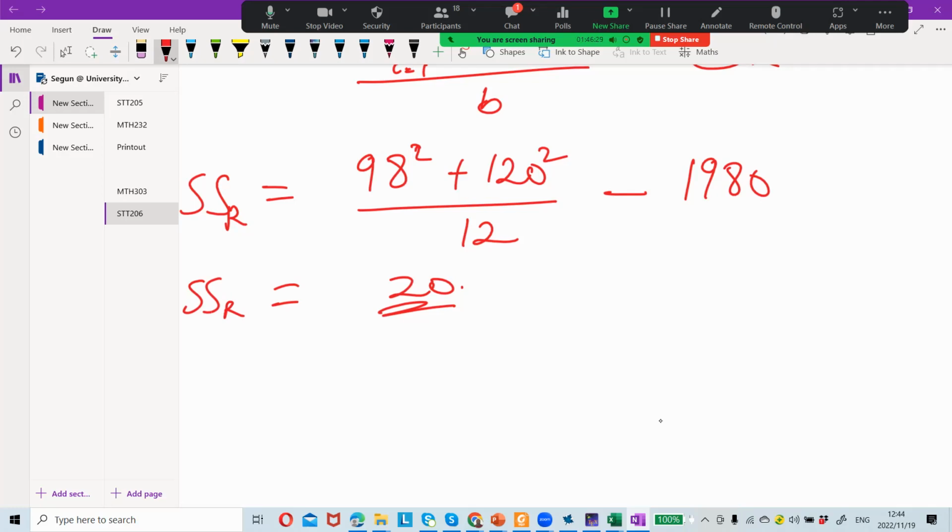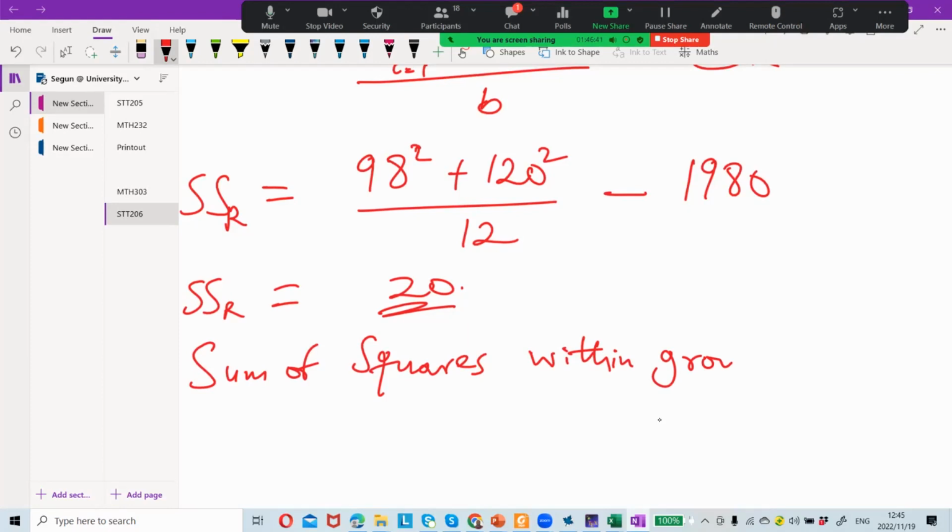Then we now want to do sum of square within groups. That is SSG.